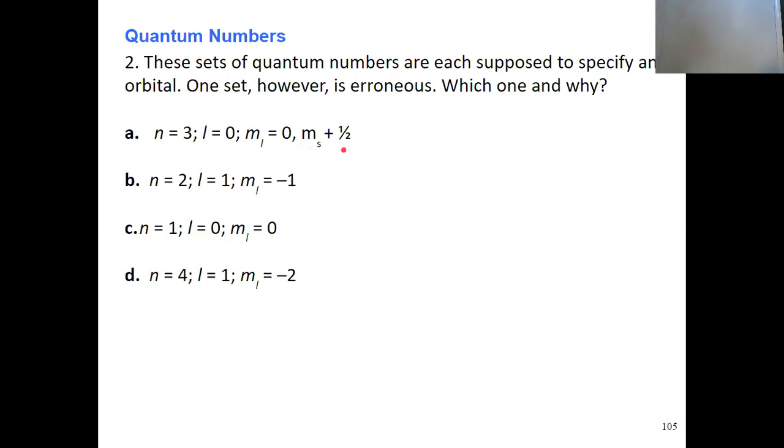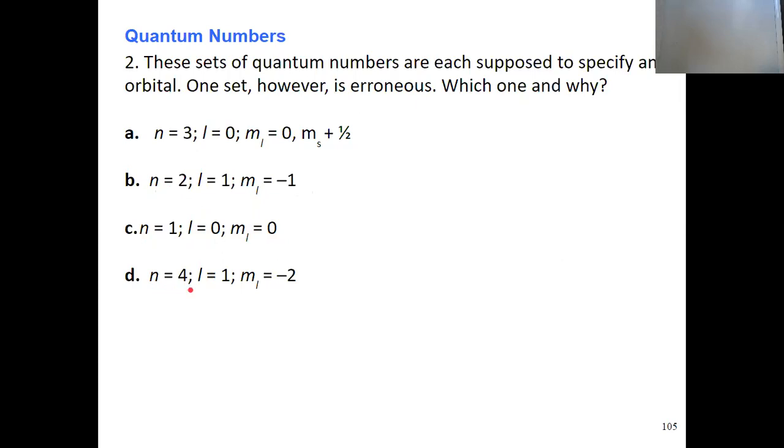So A is fine. For B, can n equal 2? Yep. Can L equal 1 if n is 2? It sure can. M sub L is fine, -1. N equals 1, that's fine. L has to be 0 if n is 1. M sub L has to be 0 if L is 0.